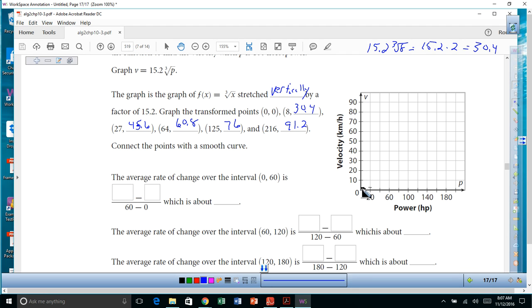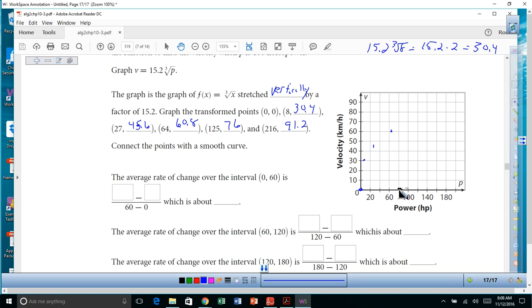So we got 0, 0 right there, and then we got 8, 30.4. It's like right there. And then we got 27, 45. It says 20, 40, so we're doing 20, 27. That's going to be like right in there, maybe 45. And then 64, 60.8 right there.